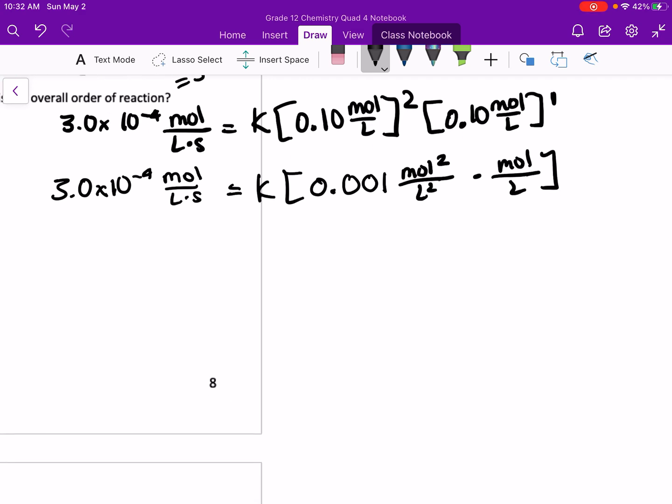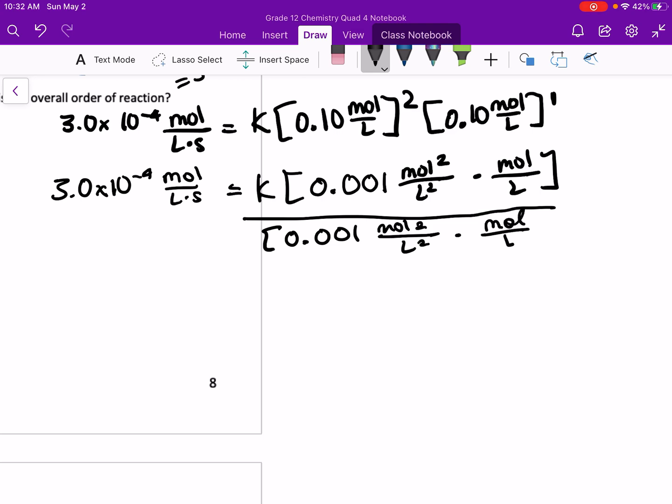Now I'm going to divide both sides by my concentration that's given here. Got to make sure you're very careful because it can get a little messy.